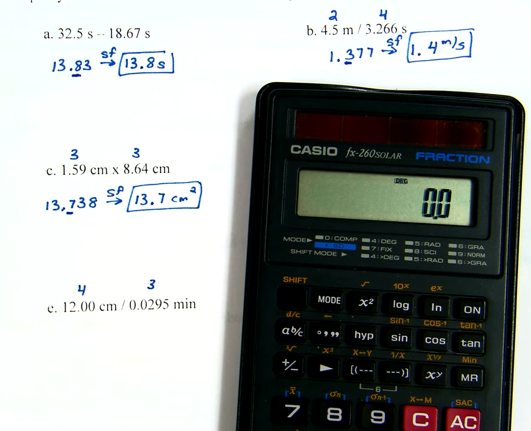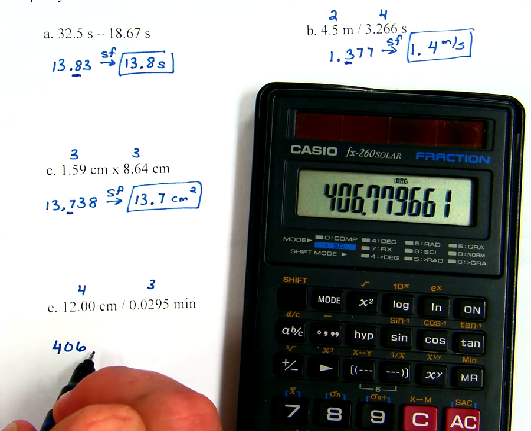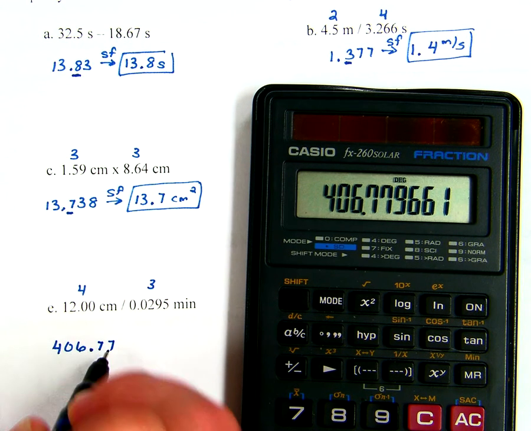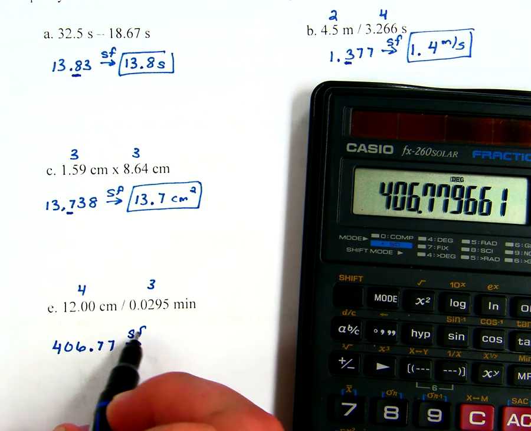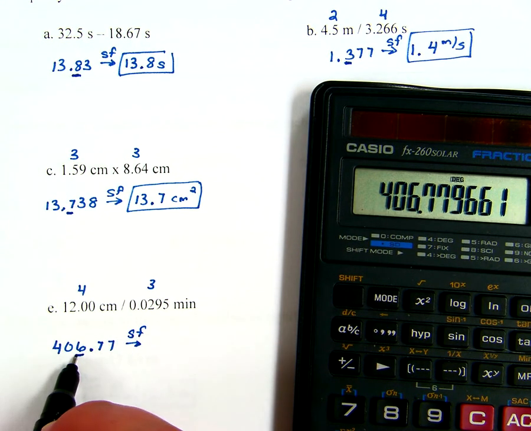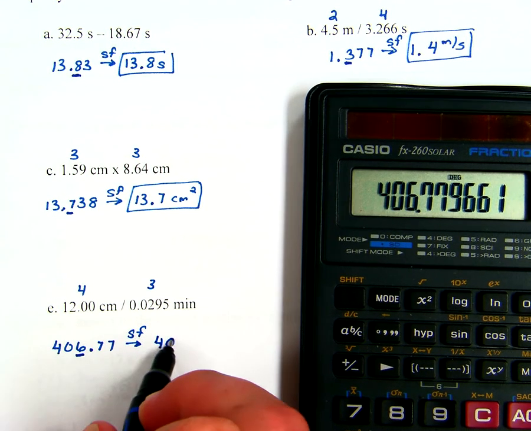My calculator tells me 406.77. 3 sig figs. Start counting from the left. 1, 2, 3. So I need to round this to the ones place. The next digit is bigger than 5, so I round up. So my answer is 407 centimeters per minute.